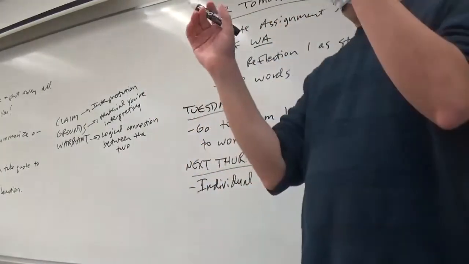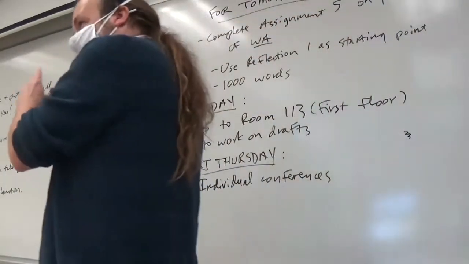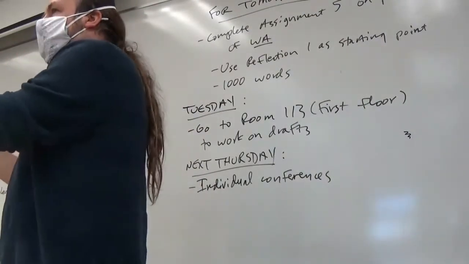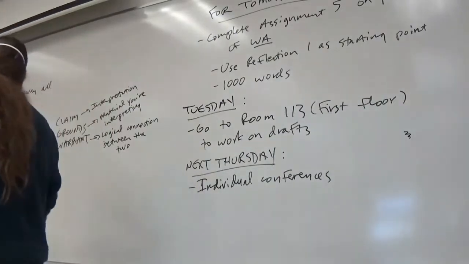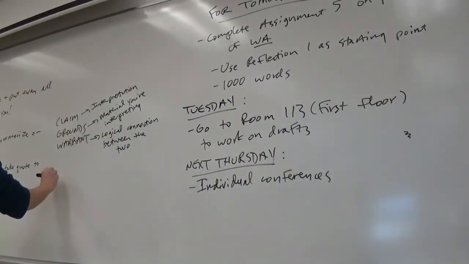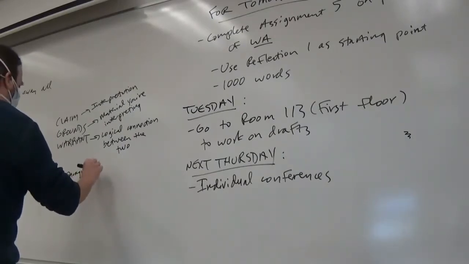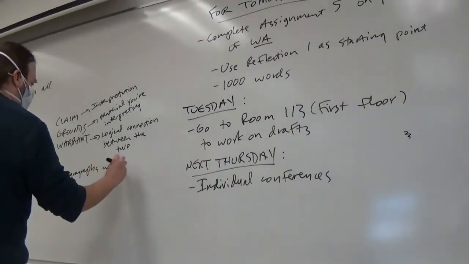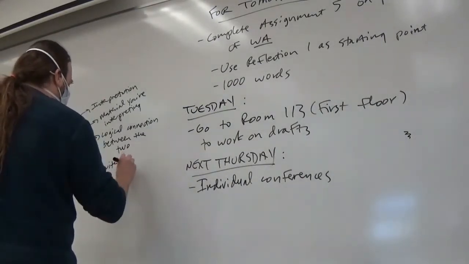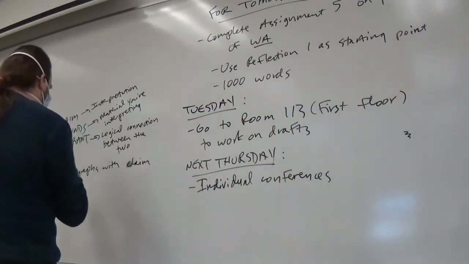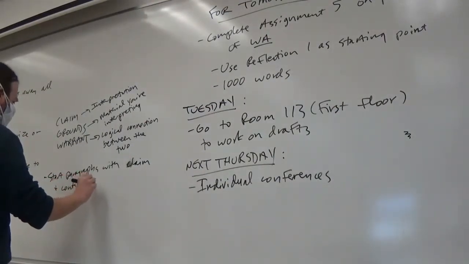Now, the way you're probably going to want to structure your paragraphs, right? Now, I do want you guys to quote directly, but you shouldn't start your paragraph with a quote. A paragraph should start with a claim and a little bit of context for that claim.